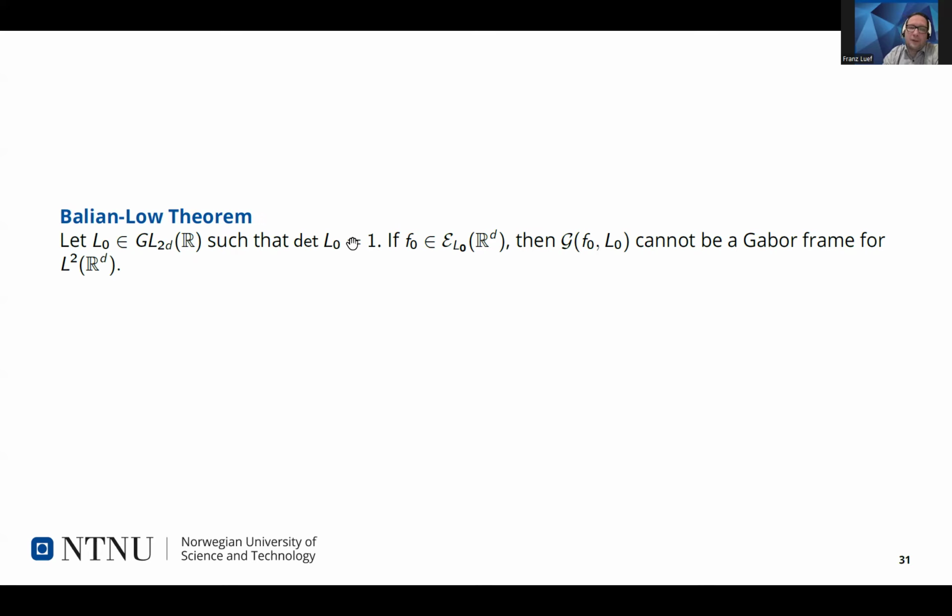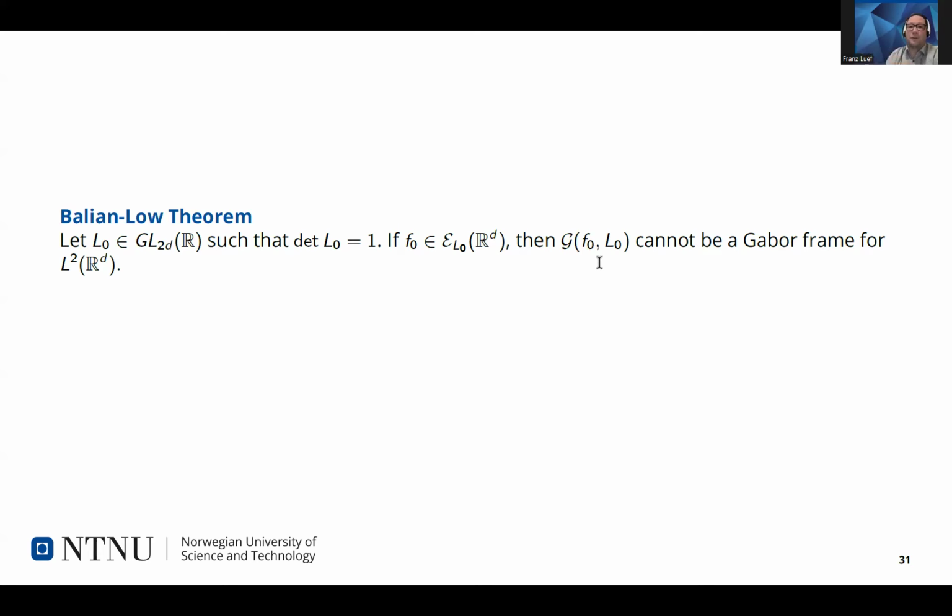And this was noticed in the two-dimensional case by Balian-Low in the 80s. So they had a different version. If this would be a Gabor frame, let's take the Gaussian and take the lattice Z2, and this had to be a Gabor frame, then this can only happen if the variances of F0 and of its Fourier transform are infinite as a product of these two.